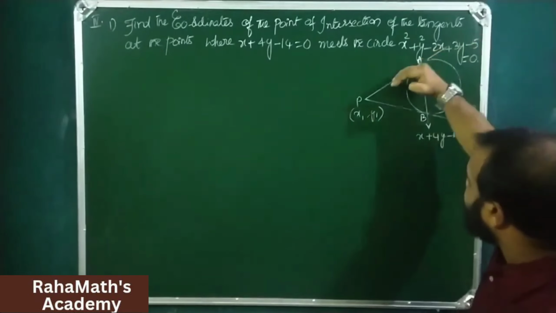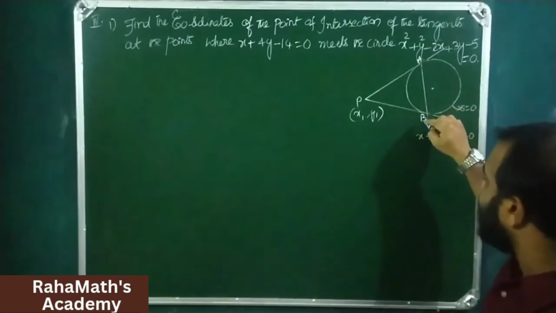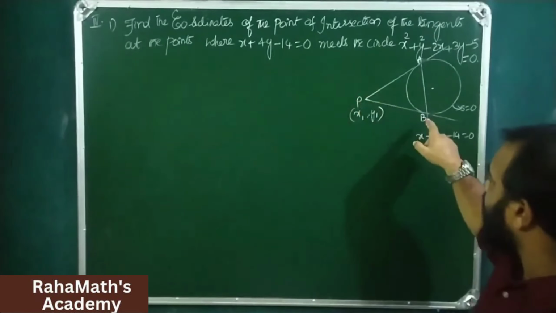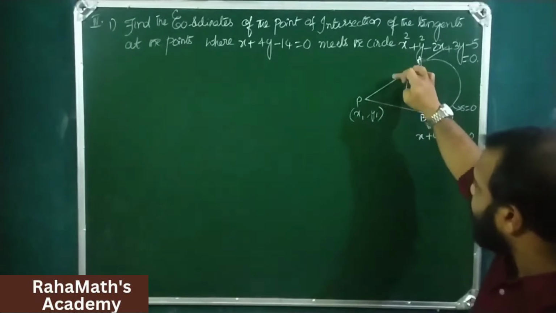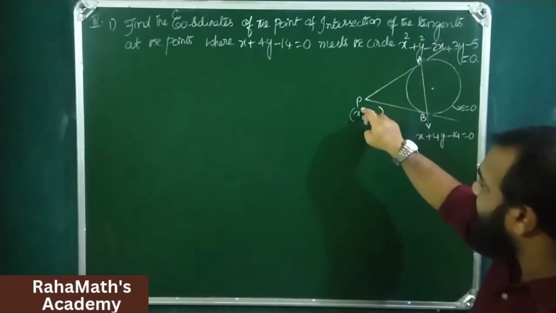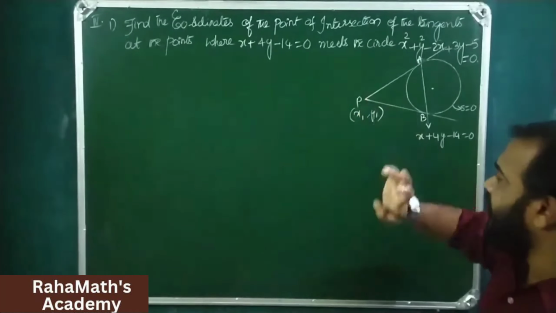This is the tangent drawn through the point of contact A, and this is the tangent drawn through the point of contact B. The tangents meet at P, and this point of intersection we have to find.